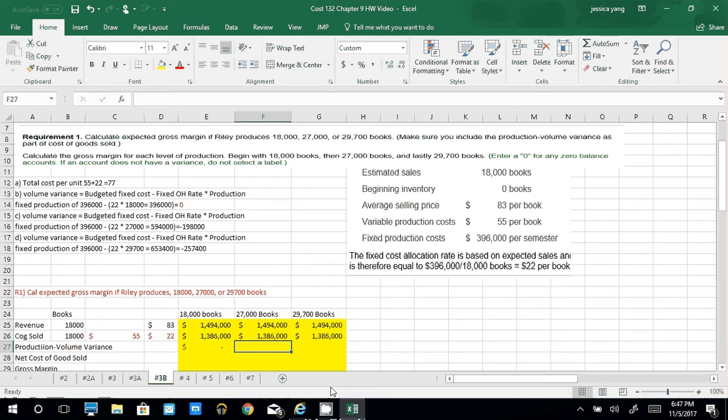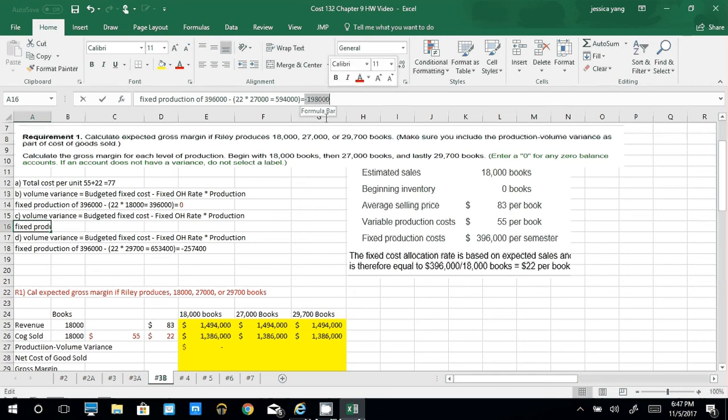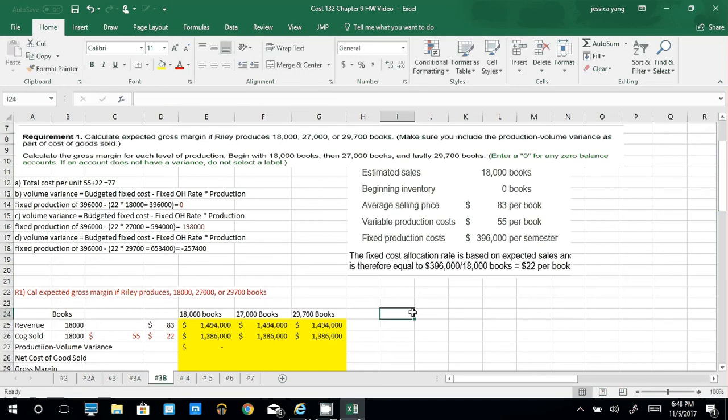For the 27,000 books, we calculated a difference of negative $198,000, and we place that in this cell.